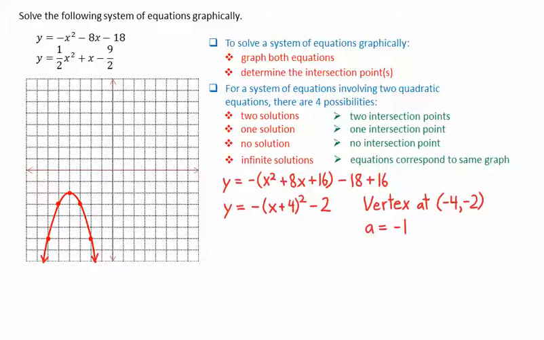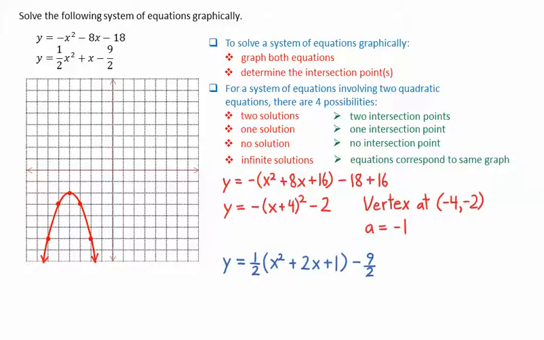For the second equation, in this case, we have to factor 1/2 out of the 1/2 x squared plus x, giving y equals 1/2 times x squared plus 2x, and then minus 9 over 2 outside the brackets. Inside the brackets, in order to complete the square, we have to add 1.